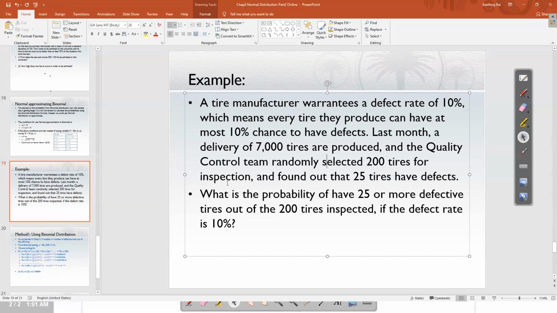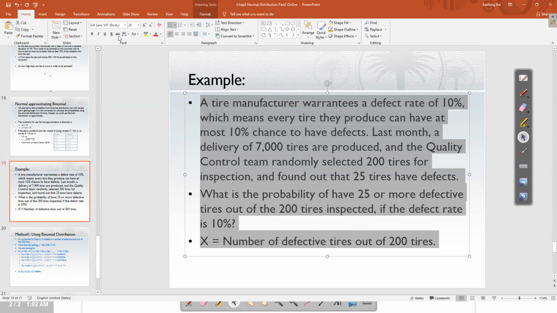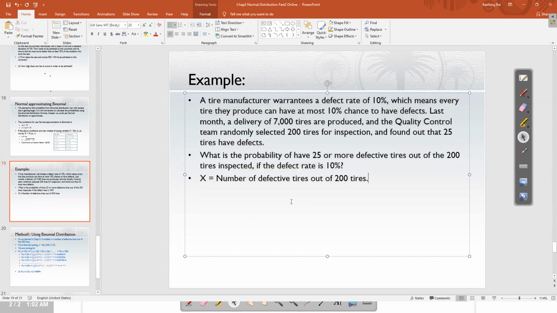Right? So here, to start, we need to define the variable x as the number of defective tires out of the 200 tires. Then this is a count variable, right? A count variable has the potential to be a binomial variable, so we're going to check to see if that's binomial.